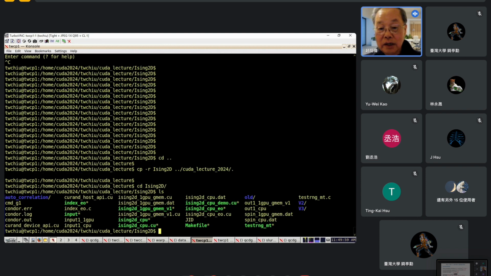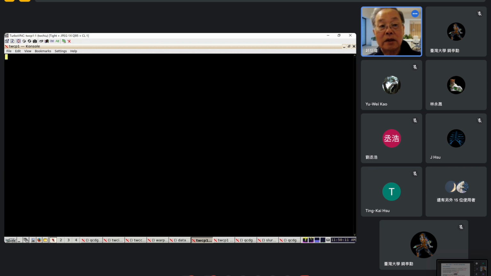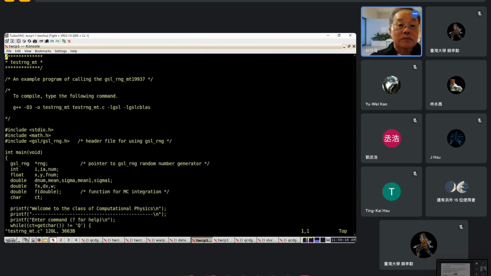Let's first go to test_mt.c. This is just a CPU code, so you can compile it with g++.